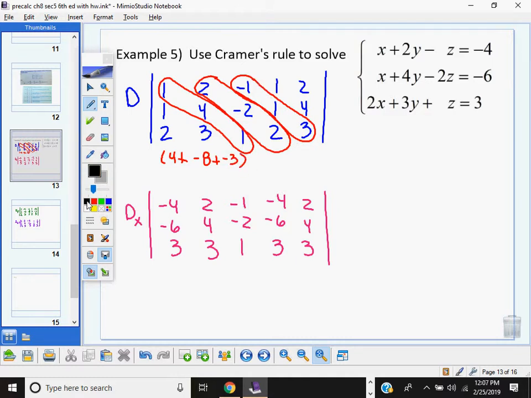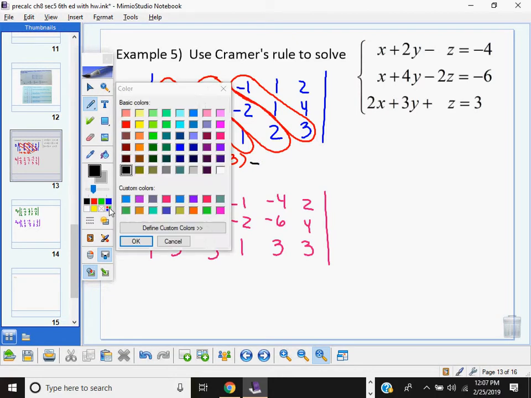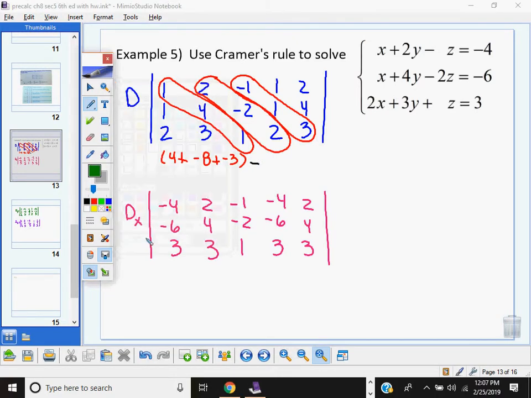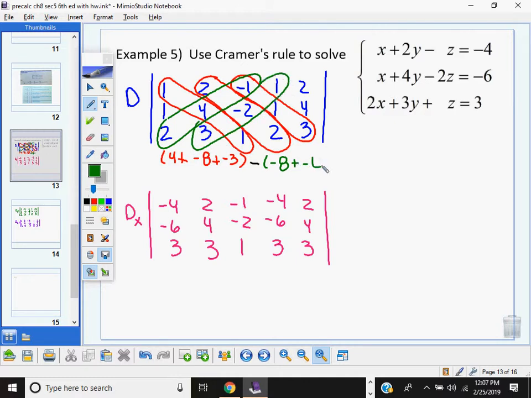Then we put a minus, and we're going to multiply up. 2 times 4 times negative 1 is negative 8. 3 times negative 2 times 1 would be plus negative 6. Plus 1 times 2 is 2.